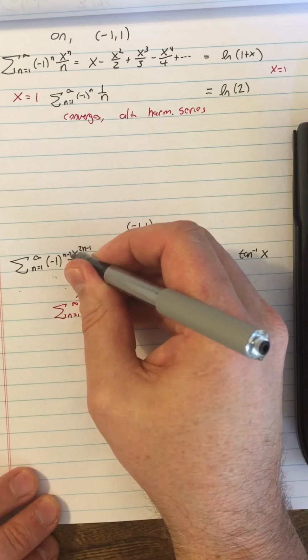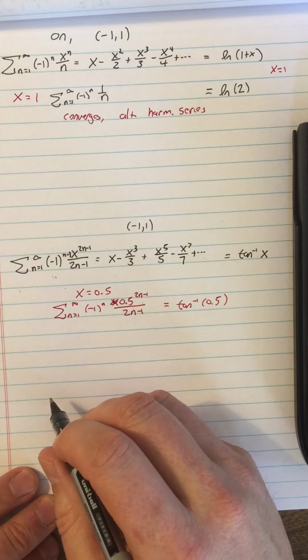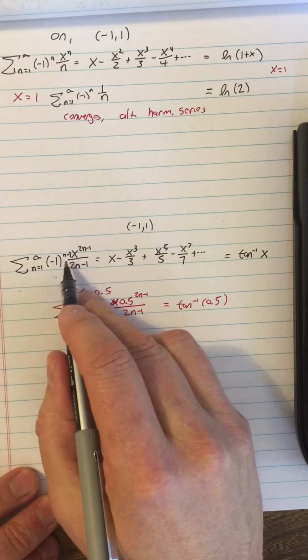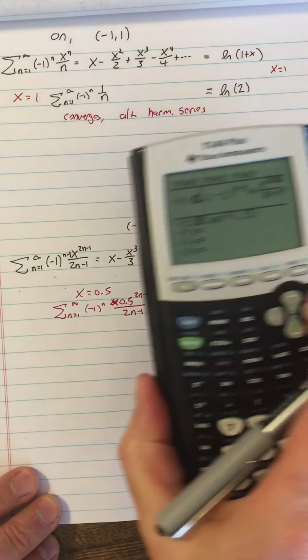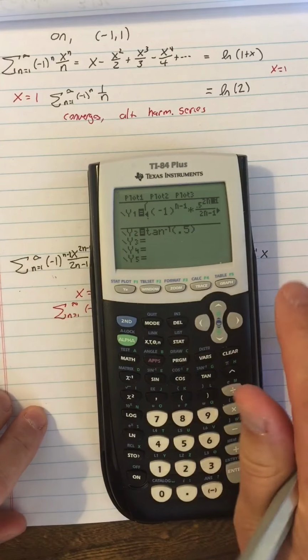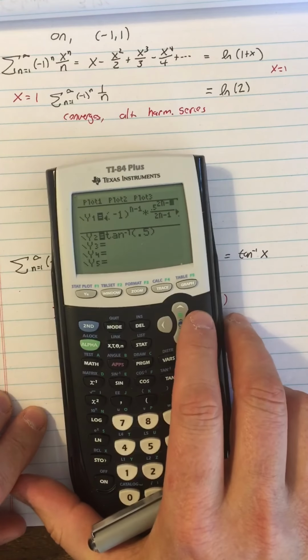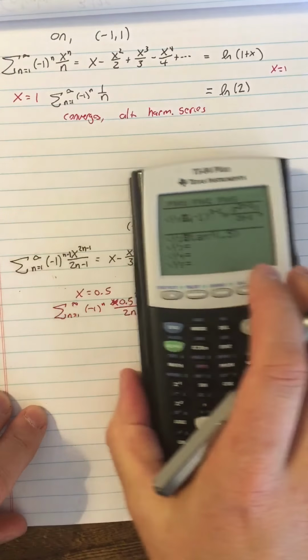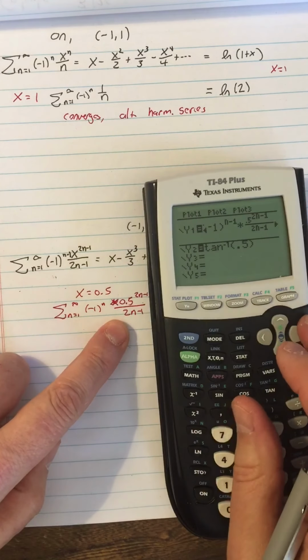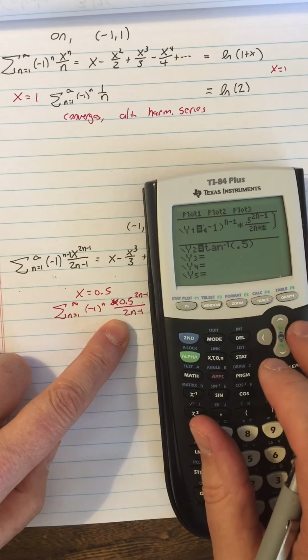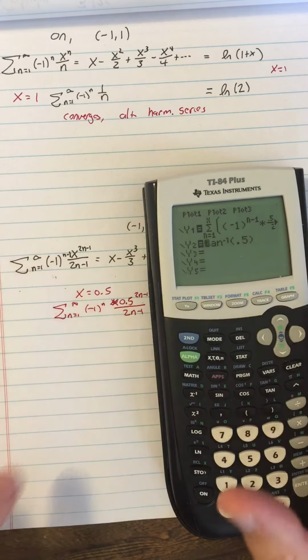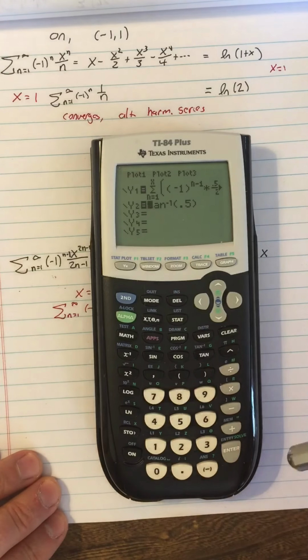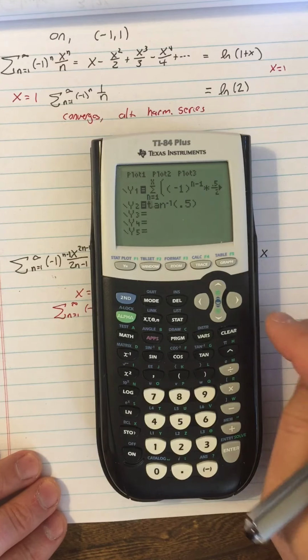So this is n minus 1, not just n. The exponent is n minus 1. I had it wrong there, but I have it right here. And then I set up just like what I have here, 0.5 to the 2n minus 1 over 2n minus 1. And then down here, just for comparison, I set up inverse tangent of 0.5, which is what we're comparing it to.